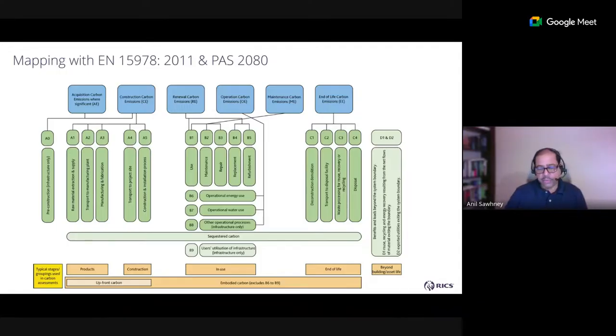And then end of life very neatly sits under C1, C2, C3, C4, which are the deconstruction, demolition emissions and costs, transport to disposal facility costs and emissions. And then you have waste processing for reuse, recovery, and recycling, which is C3.